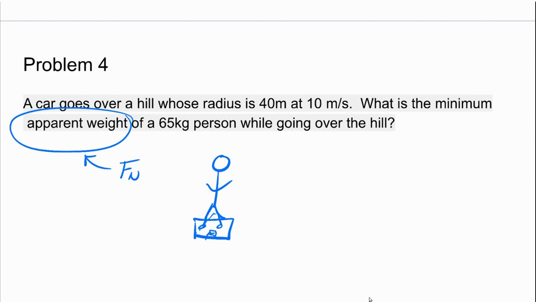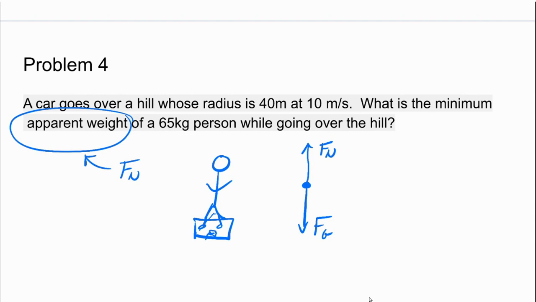But it doesn't actually measure your gravitational force. Instead, it's going to measure how hard it's pushing up on you. So if you were to jump up and down on the bathroom scale, the numbers are going to change. But your mass and therefore your gravitational force do not change. So apparent weight is just how much that bathroom scale is pushing up on you compared to your gravitational force.